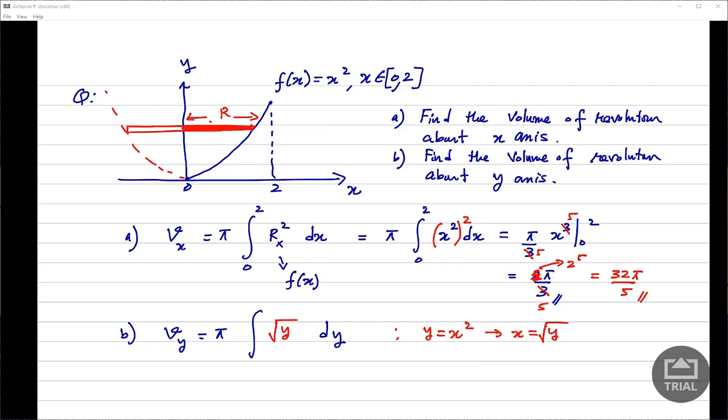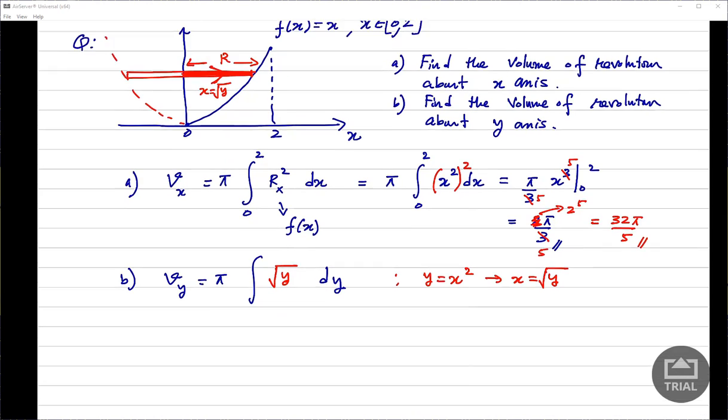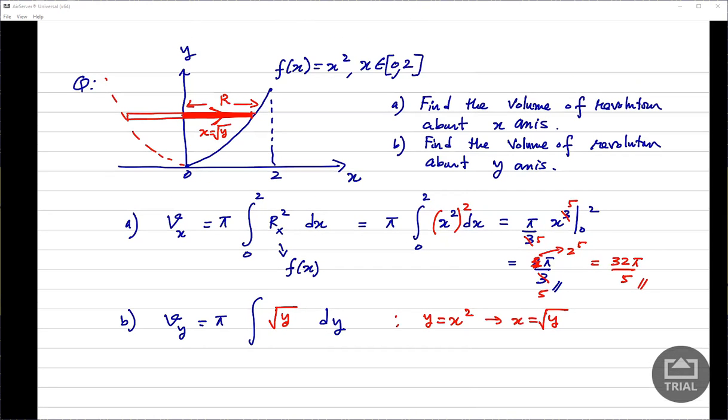So you get x is equal to something. In other words, if you get this one, the disk is here. Now this one is parallel to y, so it would be y is equal to something. So that's why we got x squared there. Here we have to get this one.